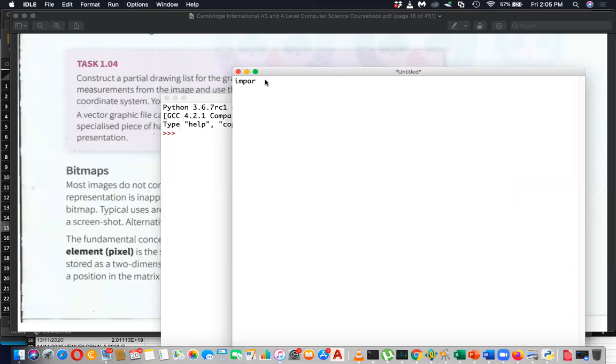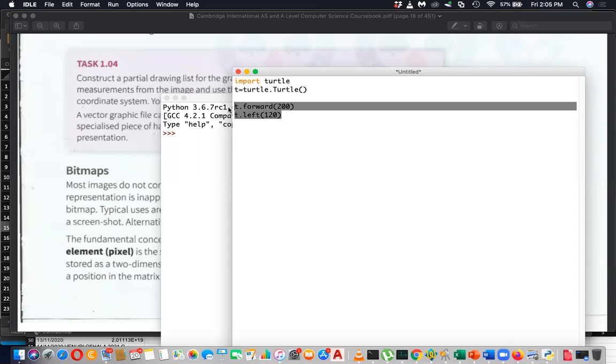Let me write a small Python code: import turtle, then t equals turtle dot Turtle. Turtle is basically for drawing. Then I'll write t dot forward, I'm going to go forward 100 or 200 pixels. Then I'm going to turn left 120 degrees. And I'm going to repeat this.